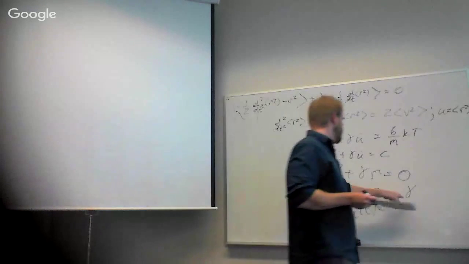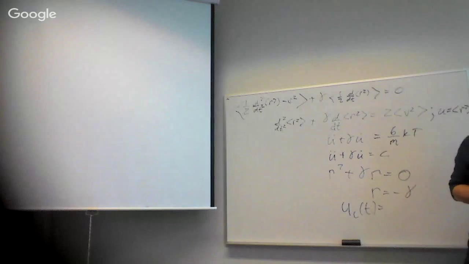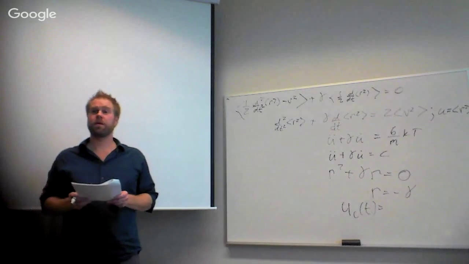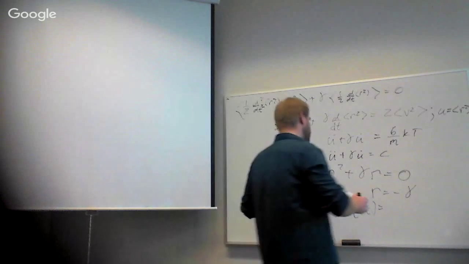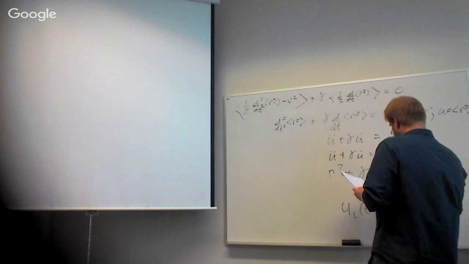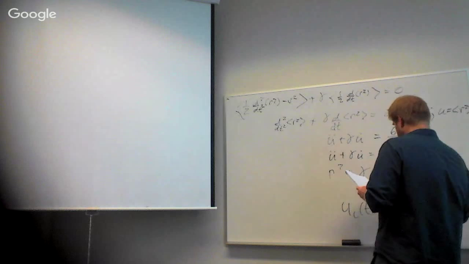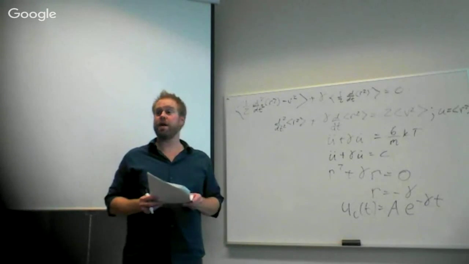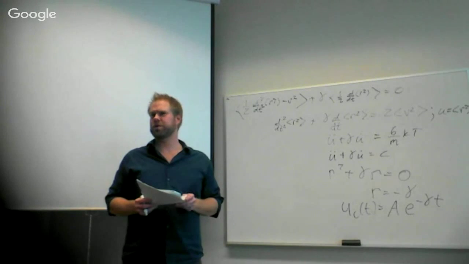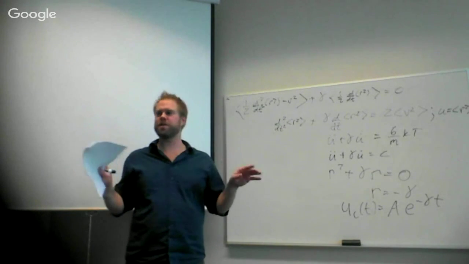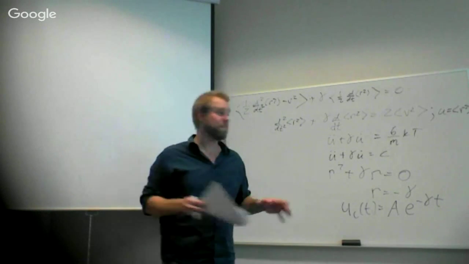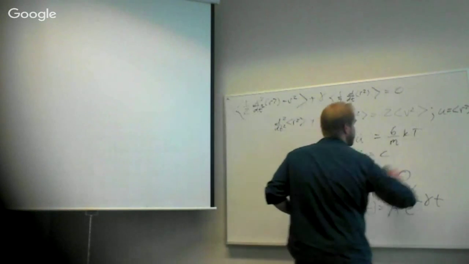So this is our characteristic equation. What does that suggest about U? Exponential. So our complementary solution is A times e to the negative gamma t. Ringing bells from the depths of differential equation courses? Okay. So this is the particular solution.